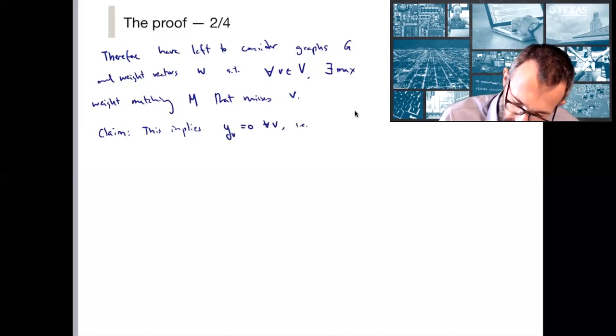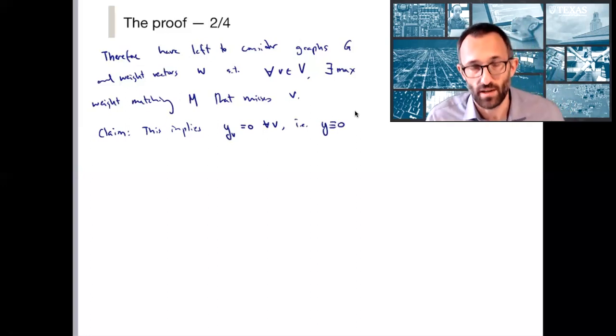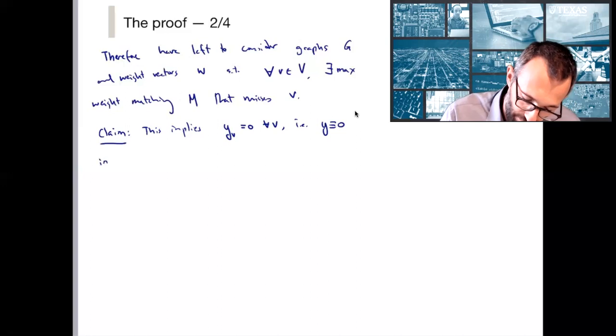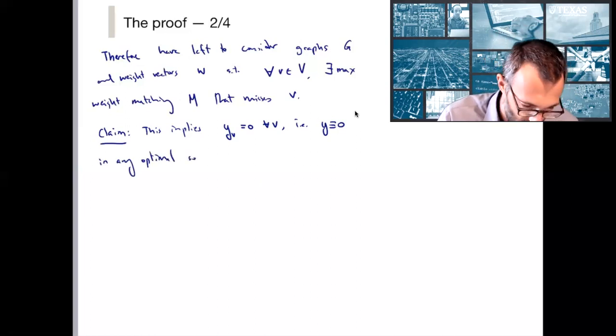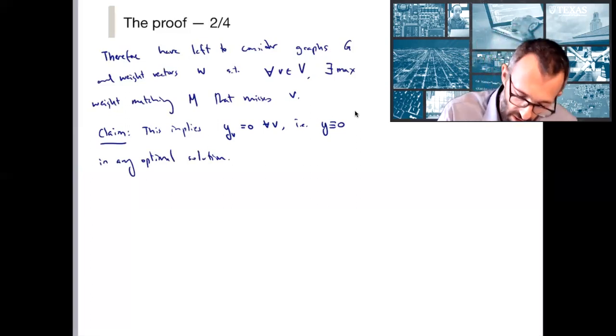In other words, y is actually an identically 0 vector in any optimal solution. And therefore, I only need to worry about z. So why is this? Again, it's a simple consequence of complementary slackness.